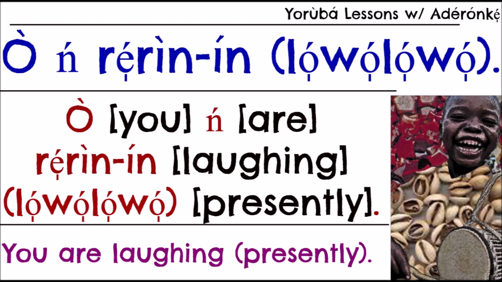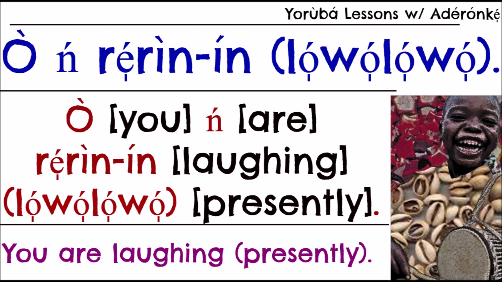Like I said, could be is or are. How you're going to translate that, if you're translating to English, will be dependent on whatever English language laws or rules for tenses apply. So here I can't say you is, but can be is or are. So you are. Rari is to laugh.